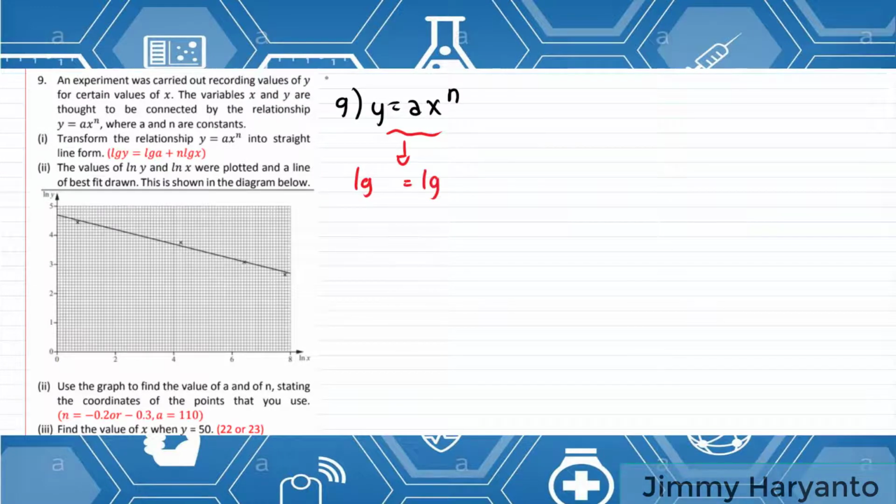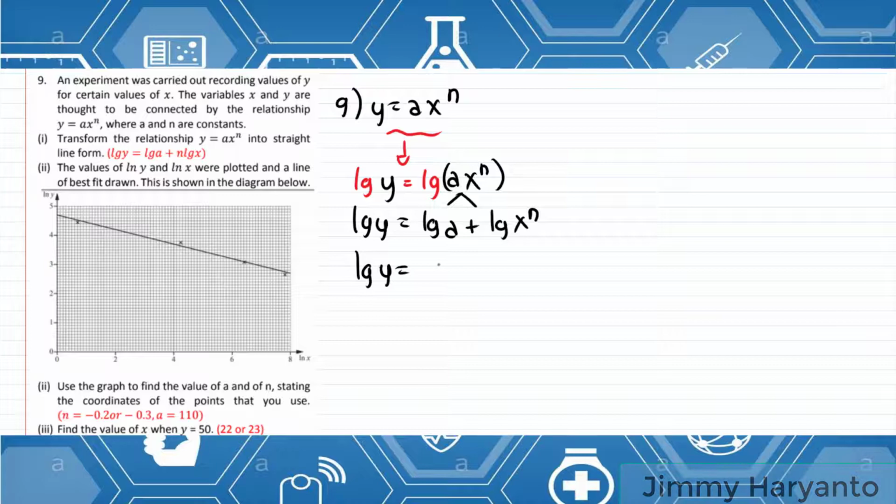Put lg on the left side and lg on the right side. y equals a x to the power of n. The left side will be only lg y, and the right side I have to separate them: lg a plus lg x to the power of n. So lg y equals lg a plus n lg x.